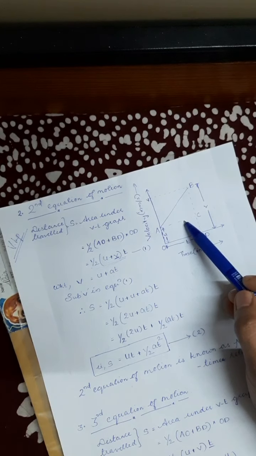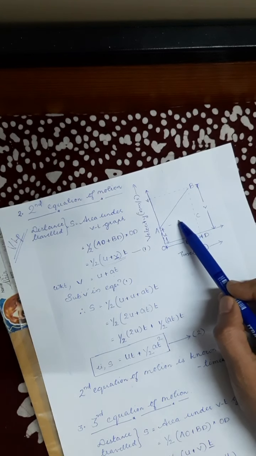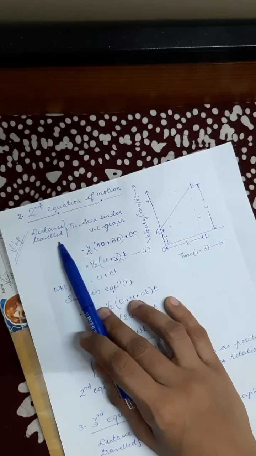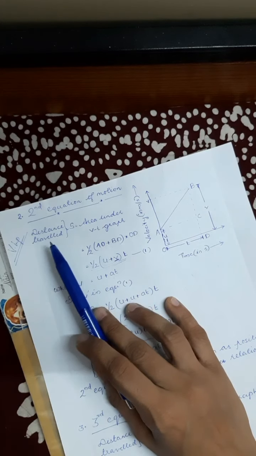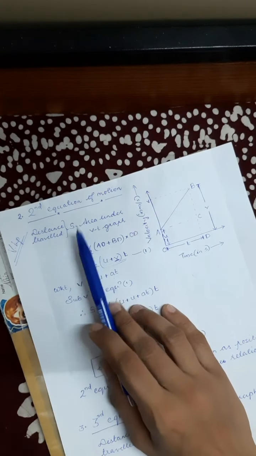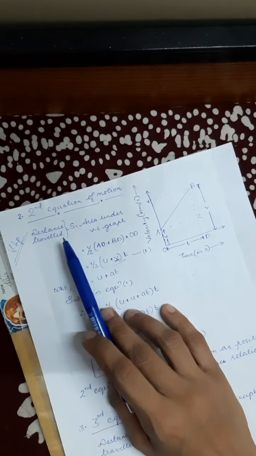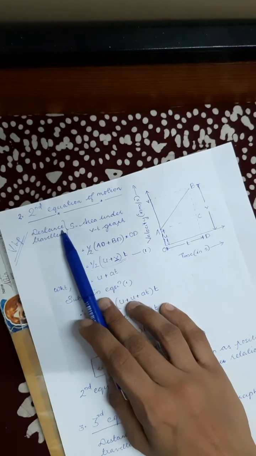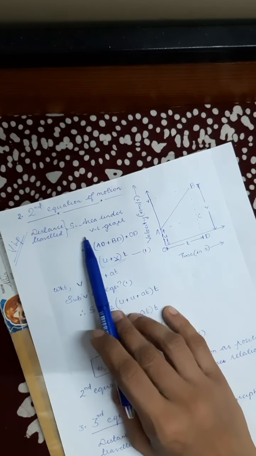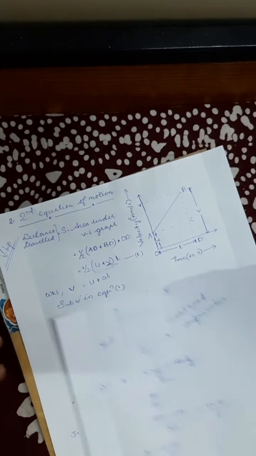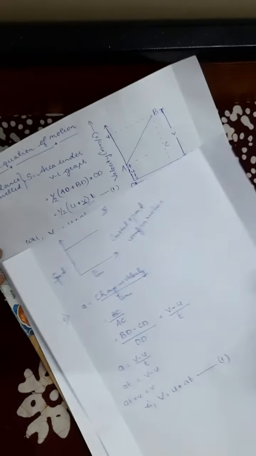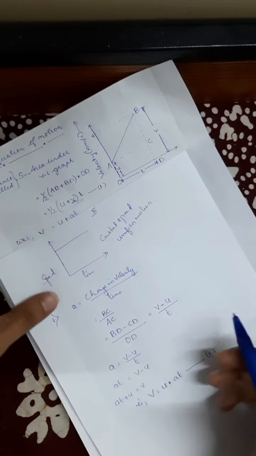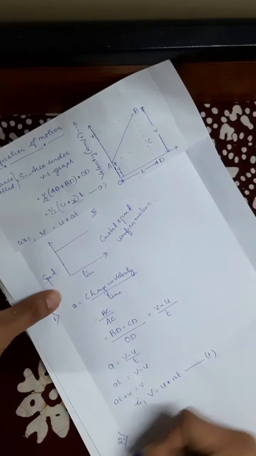Is it clear? And technically we can say that magnitude of displacement is equals to the distance traveled. So here in second equation of motion, we need to find out the distance traveled, that is S. S equals to area under VT graph we are going to take. Okay, the graph is same only, area under VT graph. This is for second equation of motion.